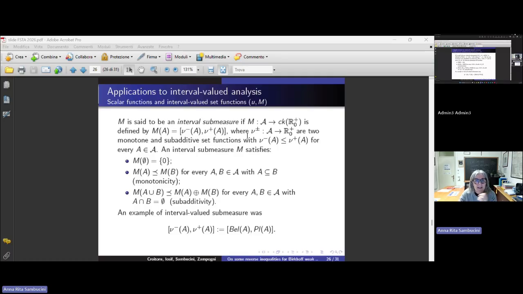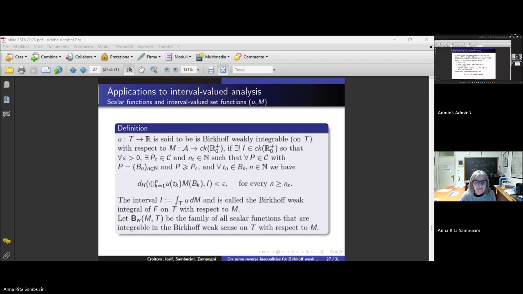In this case, we consider an interval submeasure, this is the definition. It means it is monotone with respect to the weak order interval and subadditive with respect to the Minkowski addition. And this is equivalent to assuming the same properties for the endpoints set functions n minus and n plus. The notion of integrability is exactly the same as in the previous case.